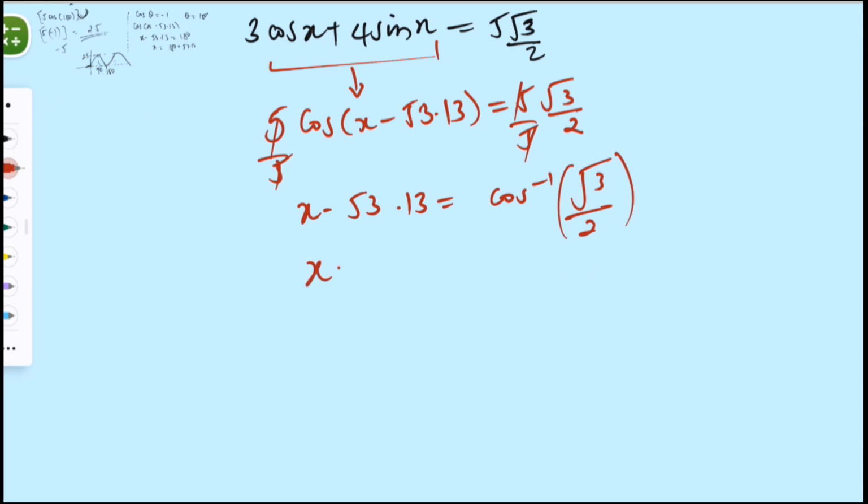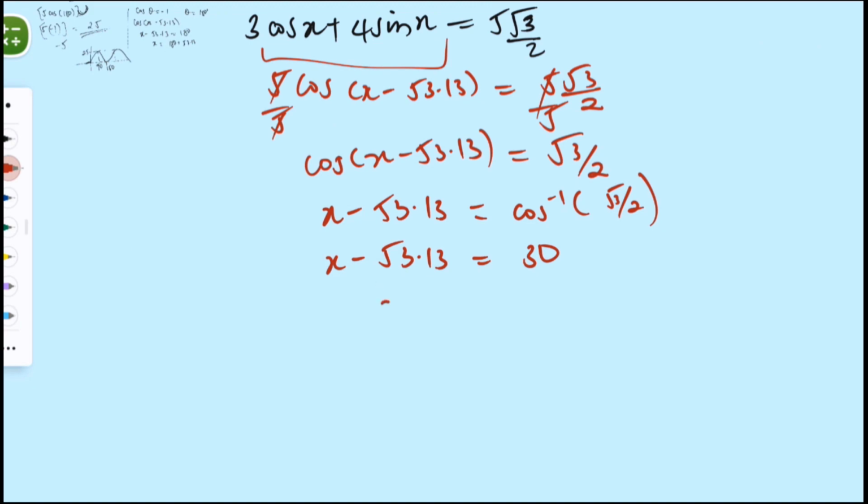So x minus 53.13 should be equal to 30 degrees. Now, they've given us the interval 0 is less than x is less than 360 degrees. So we know that x is equal to 30 plus this, which is 83.13.